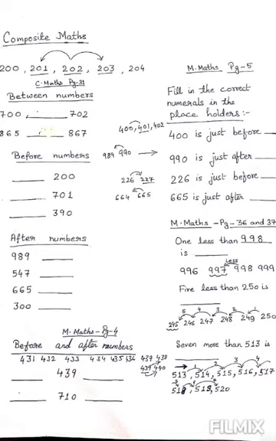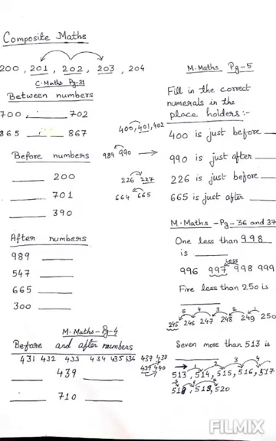To find out between numbers, suppose the number 700 is given and 702 is given. So what is the number that will come in between 700 and 702? Let us start counting. 700, 701, then 702. So the number will be 701. Next, 865 and 867.